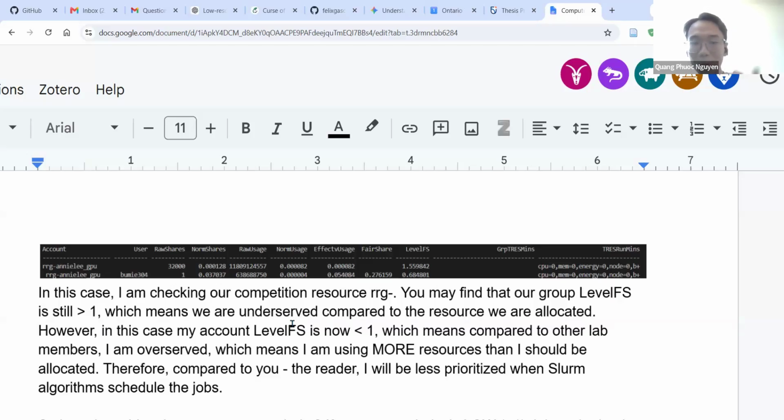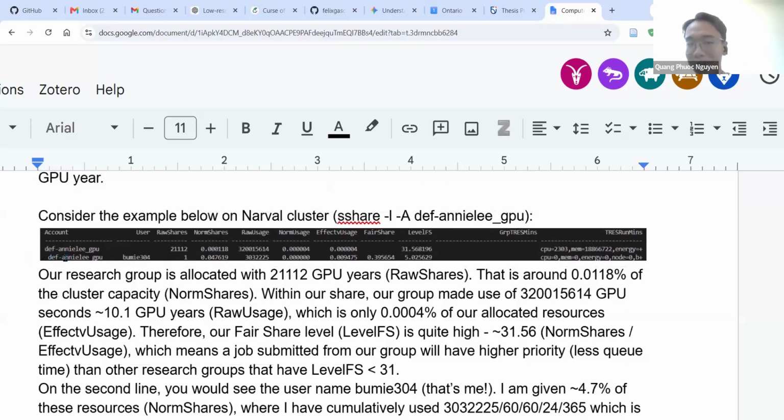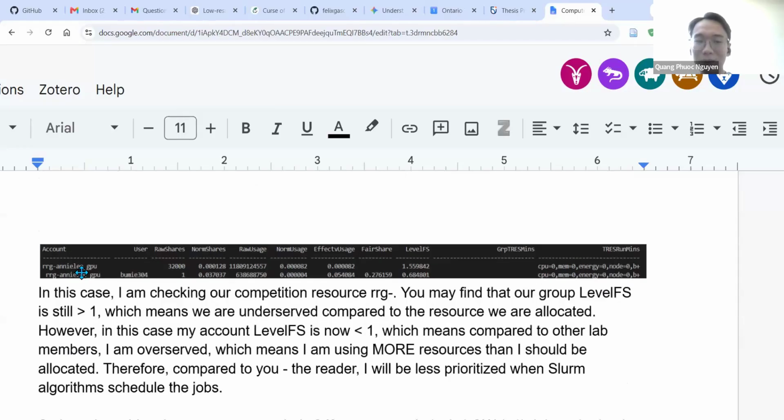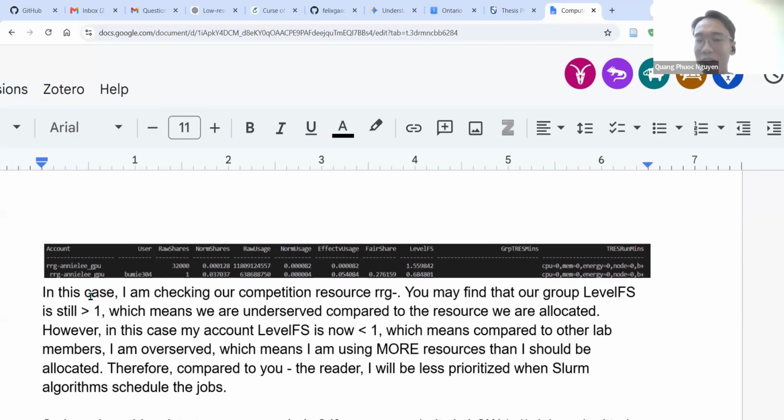With the RAC computing resource, it will be located in a different account, which starts with the RRG prefix instead of the DEF prefix. So you can take your time looking into the difference between the two resource types later. But what I want to share with you is the usage and the priority level.